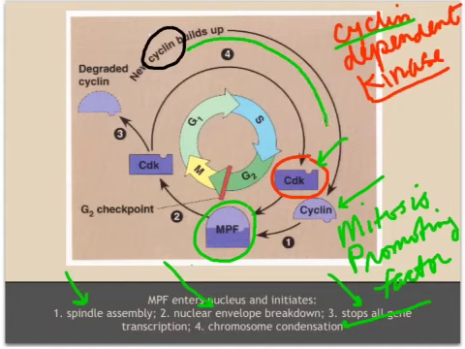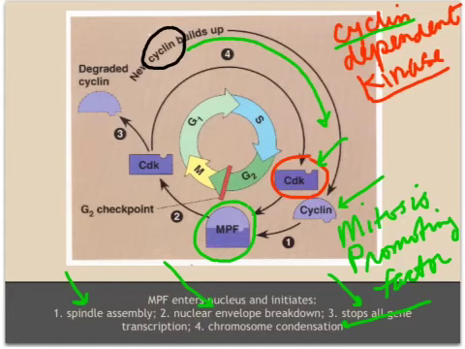We increase cyclin as we go through these phases. As we approach the G2 phase and approach mitosis, cyclin is continuing to bind to CDK. Once it reaches a critical threshold value, the mitosis promoting factor, the kinase activity of CDK, starts activating all of these actions.